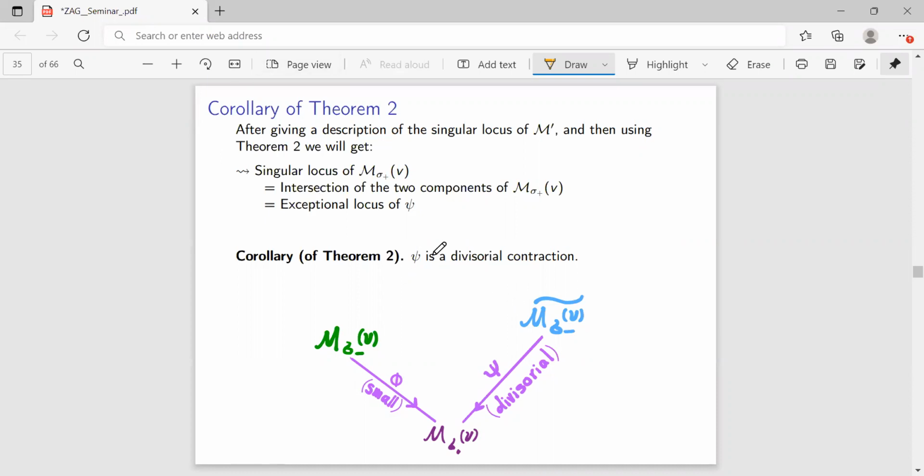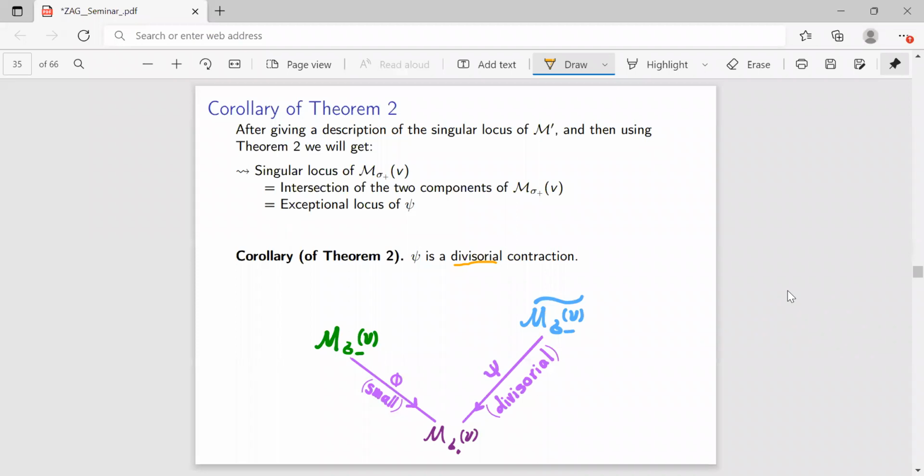And so all this shows that this map was a divisorial contraction. So we get one small contraction from M sigma minus to M sigma naught, which was this, and a divisorial contraction from this M sigma minus twiddle to M sigma naught.